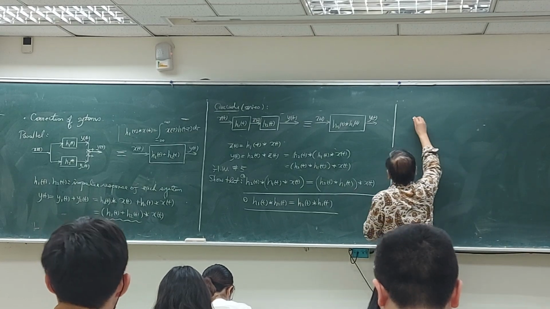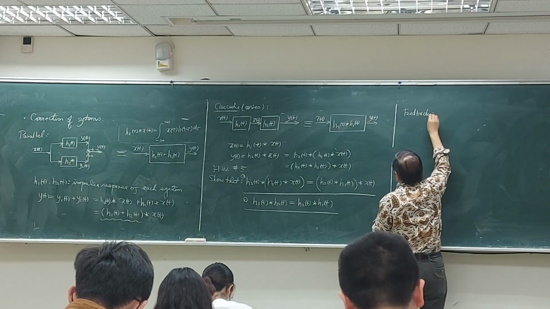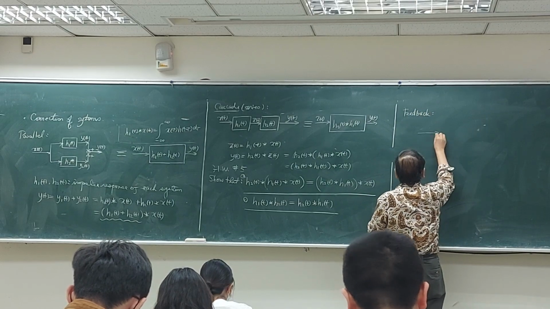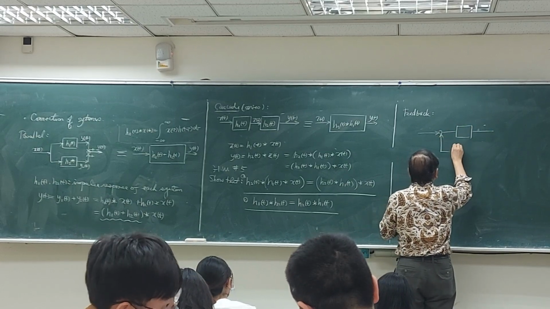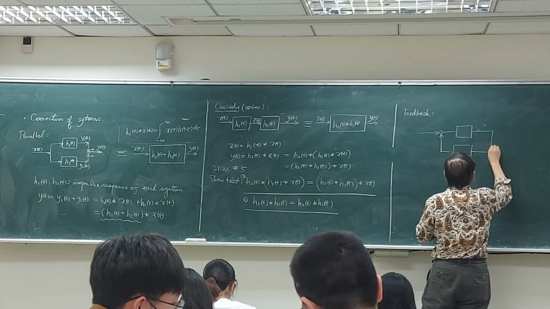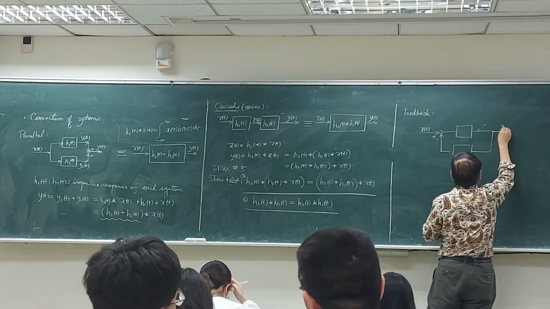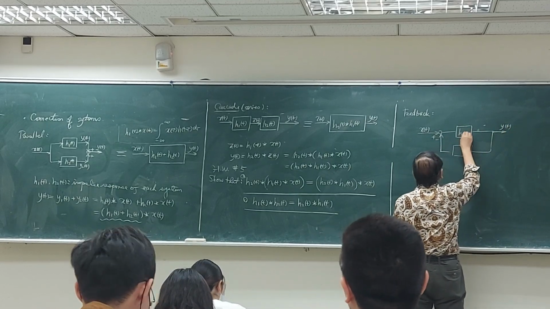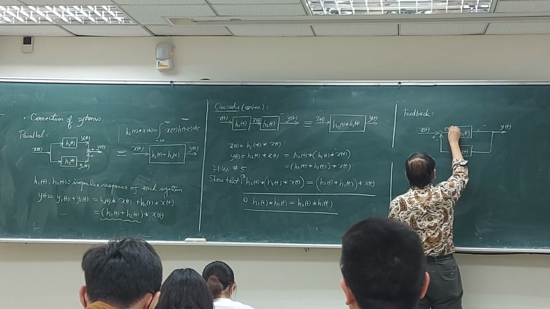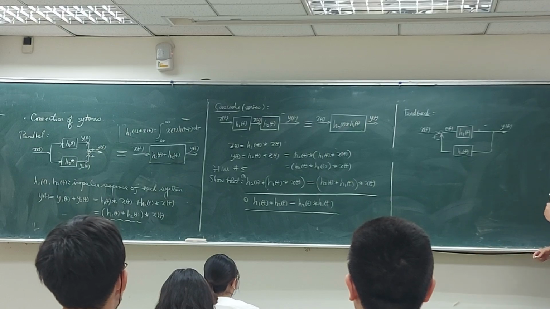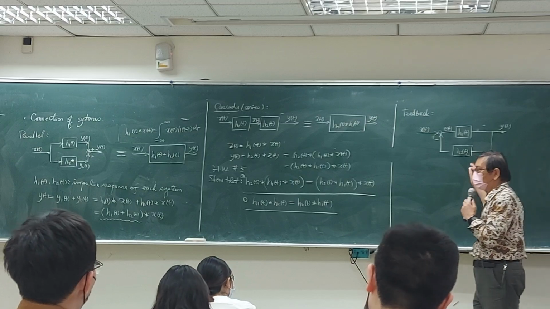All right, another one, feedback connection. We have seen this one in the first week. Now here we have H1 and H2 of t, but we put H2 in the loop, in the feedback loop.